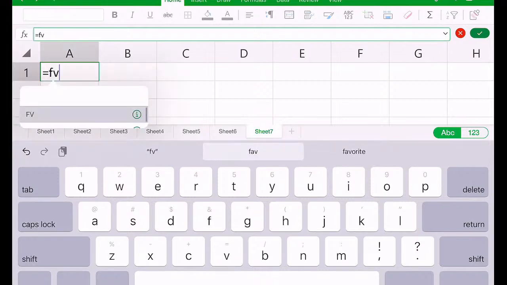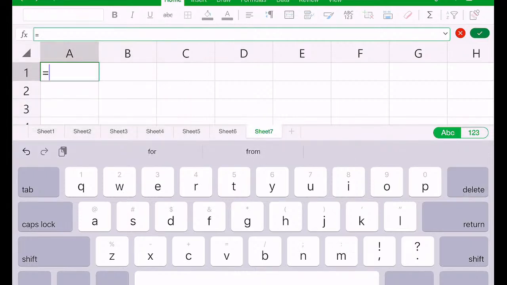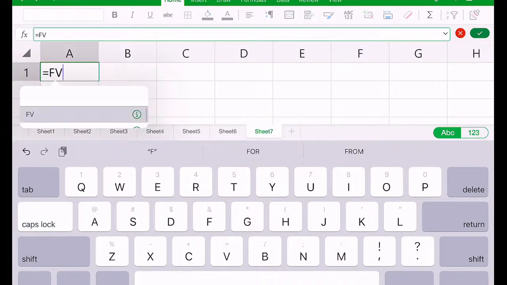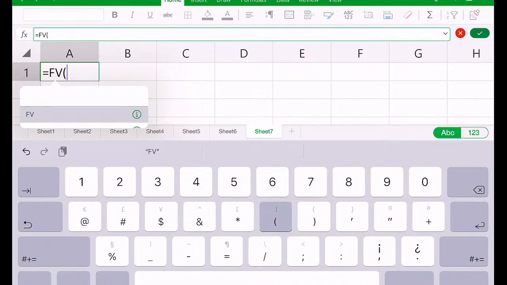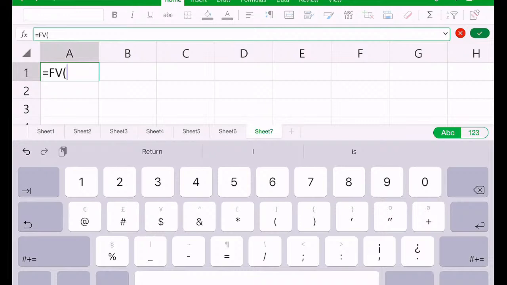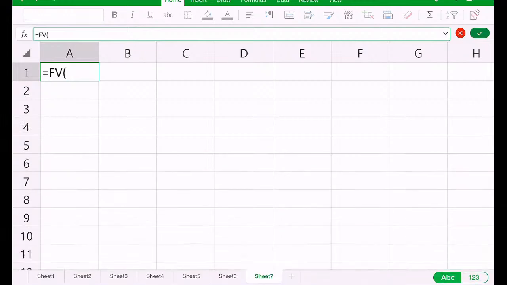So FV, oh, it's not going to be nice, is it? Let's see. So if I use FV and then I use a bracket, it's not showing me. In your computer, when you open Excel, it'll show you the variables that you need to enter. Let's see if they're showing me anywhere. Oh, why isn't it showing me?